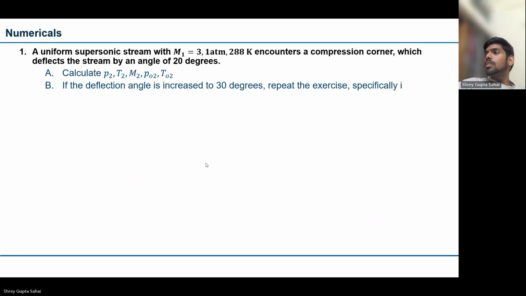Specifically, calculate the static pressure and Mach number behind the wave.